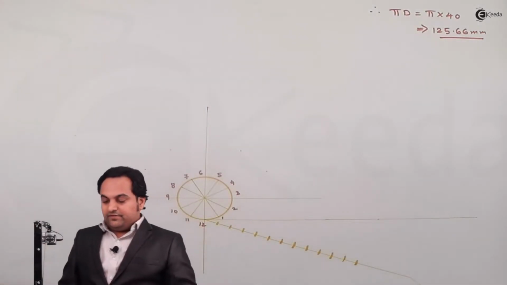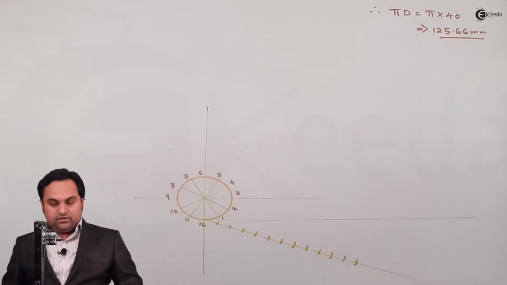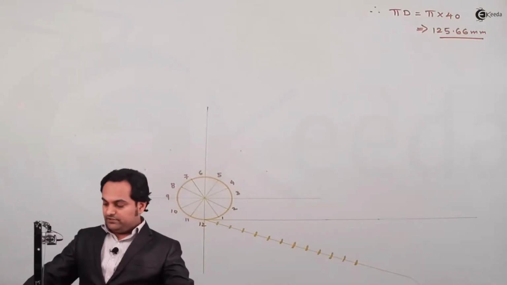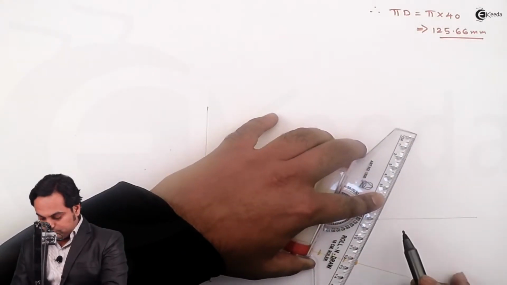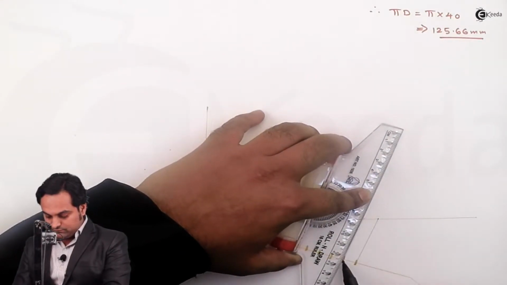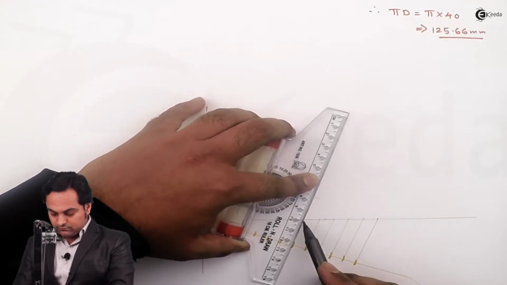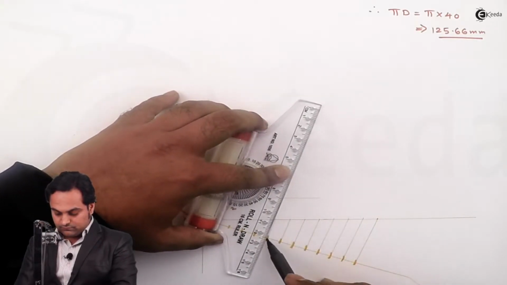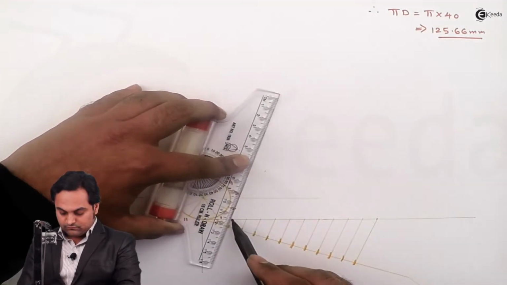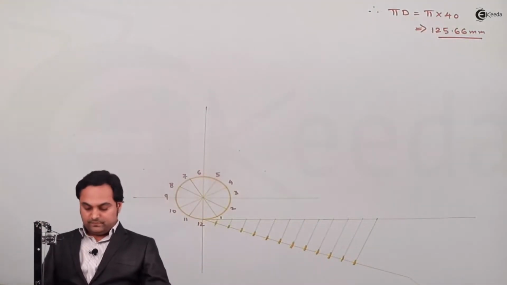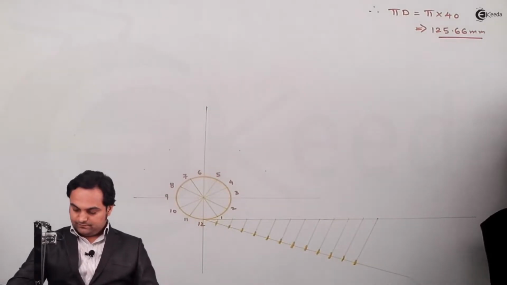As the circle has been divided into 12 equal parts, even the circumference would be divided into 12 equal parts. Then I'll give the same notations here.